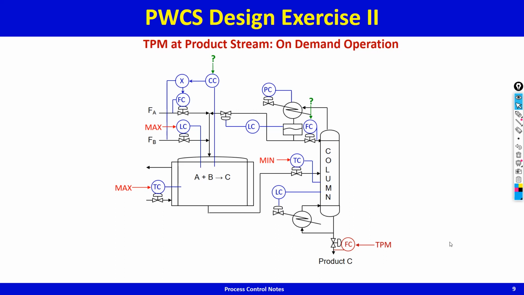So this is another possible control structure for on-demand operation. Both of these structures will close all the material and energy balances. It's just that that structure was process the given feed, and this structure is on-demand operation: give the customer whatever is demanded immediately.